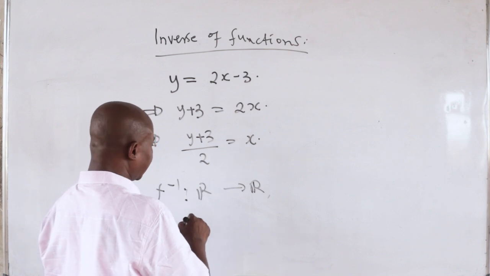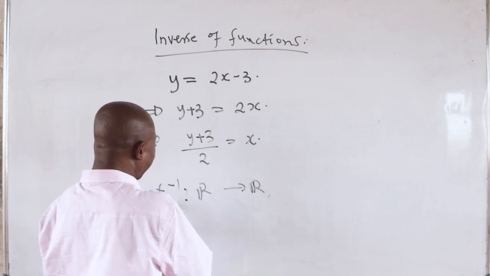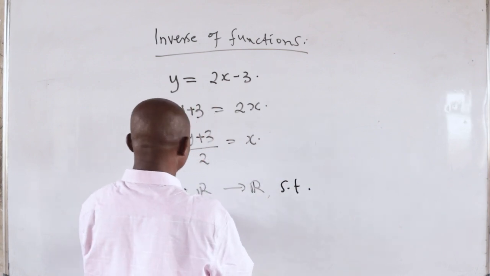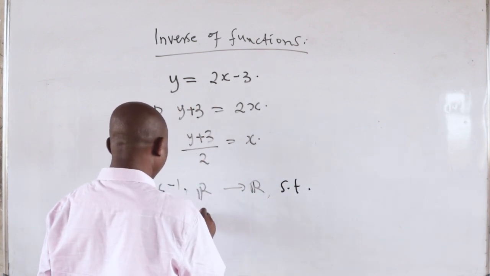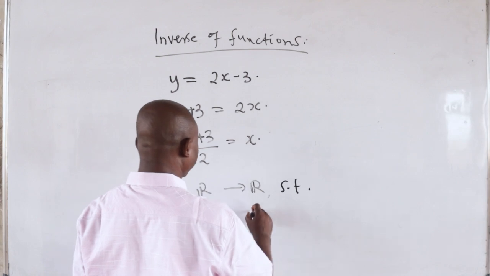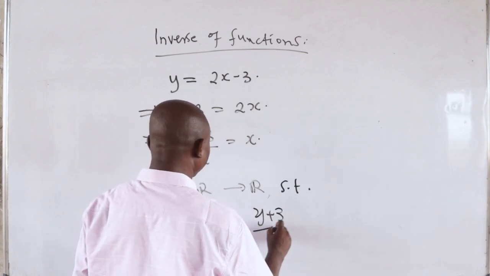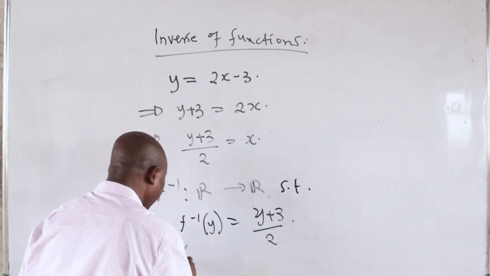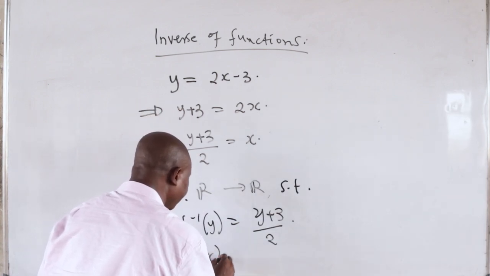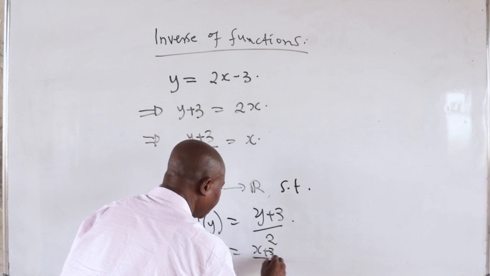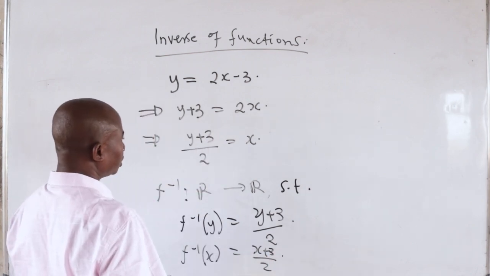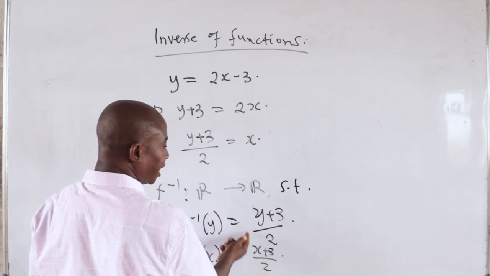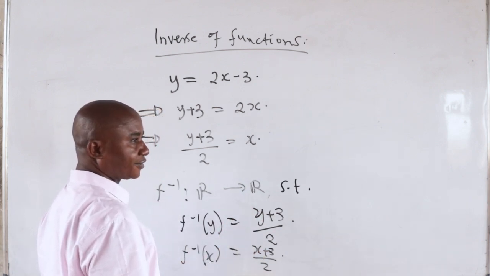So f⁻¹ is a function such that for any y we give, f⁻¹(y) = (y + 3)/2. And like I said, I can still write it as f⁻¹(x) = (x + 3)/2. If using y will confuse you, don't worry, write it as f⁻¹(x).